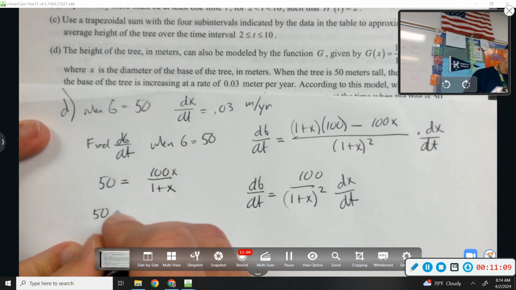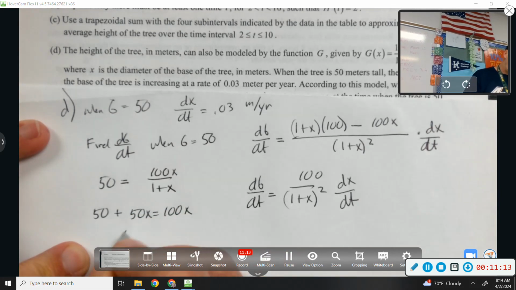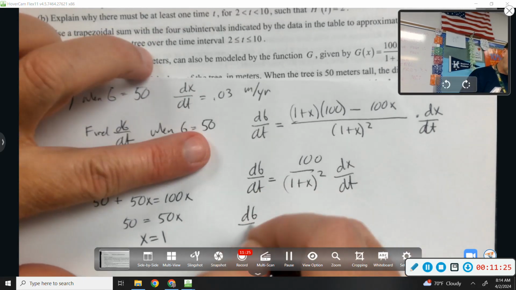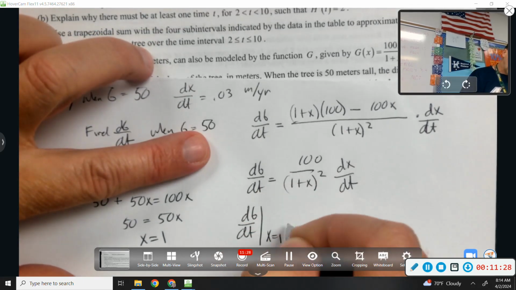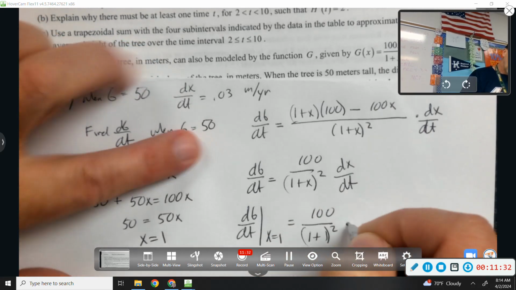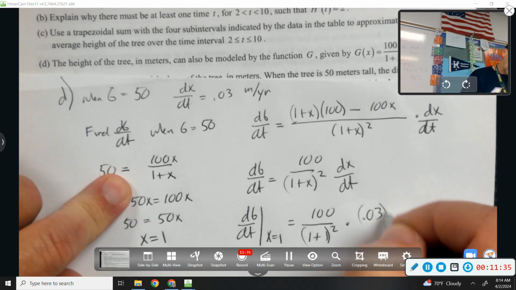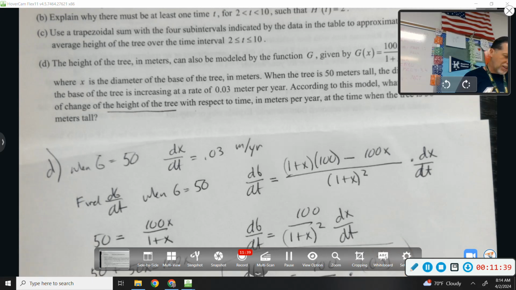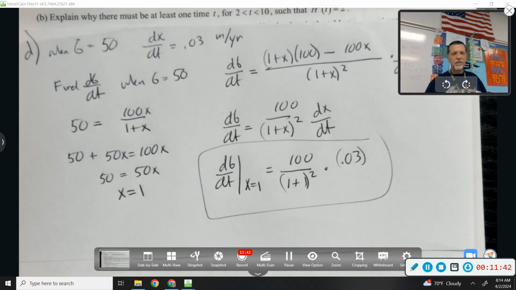Multiply both sides by 1 plus x. Oh, look at this, they were very kind here. So when x equals 1, g is 50. So dg dt at x equals 1 is 100 over 1 plus 1 squared times 0.03. It didn't ask for units or explanations or anything like that, so done.